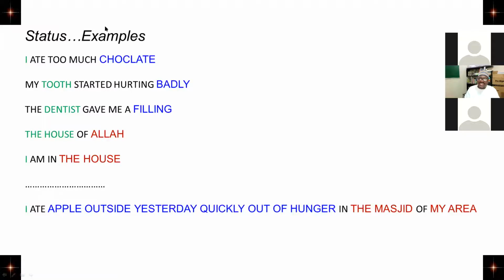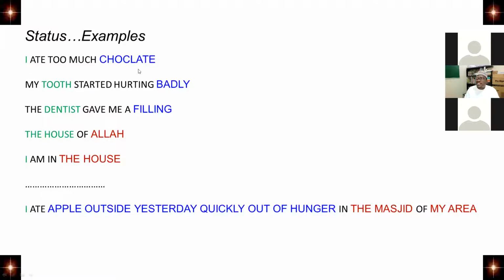But if you translate this sentence into Arabic, then the I, which is the 'tu' of 'akaltu', will be the doer, the fa'il. But generally it's in rafa status.